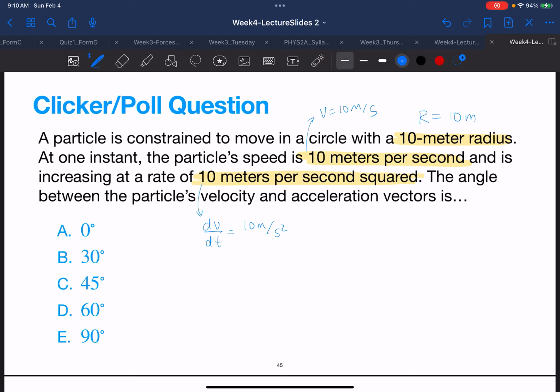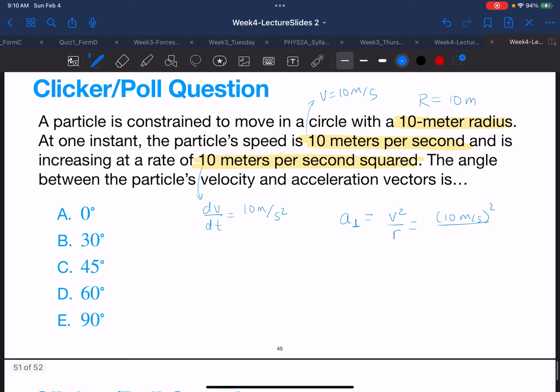The acceleration that's perpendicular to the direction of motion, meaning the radial or centripetal acceleration, is going to be v squared over r. At this instant the velocity is 10 meters per second, squared, divided by the radius of the circle, which is 10 meters.